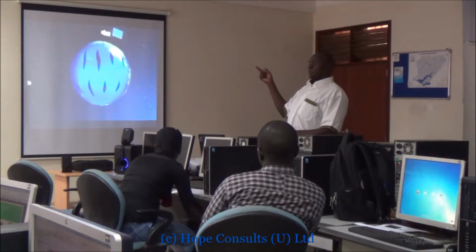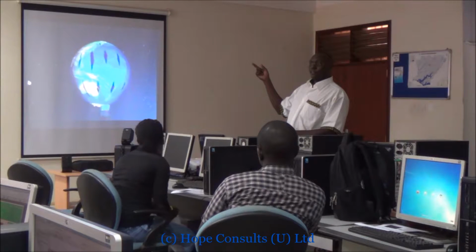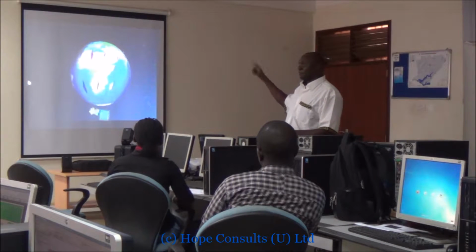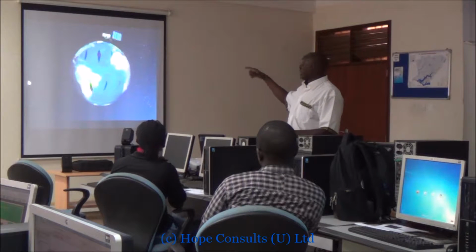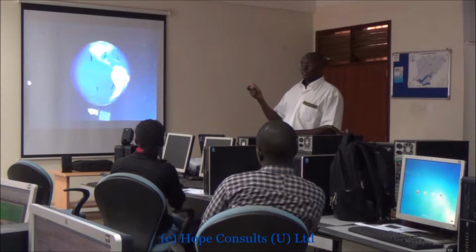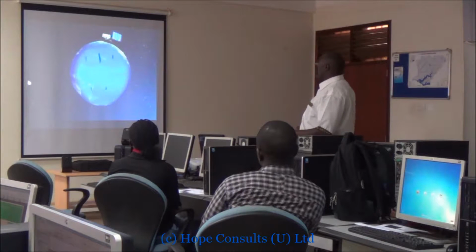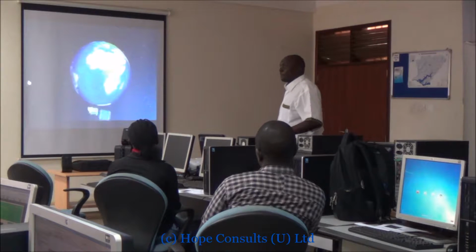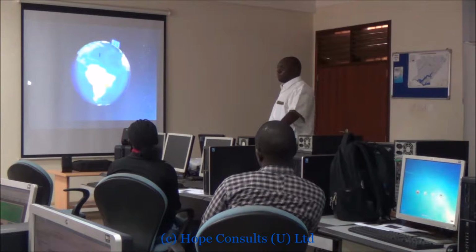You see the satellite moving, and the Earth is rotating also. Now, supposing the Earth was stationary, the satellite was moving, what would happen?